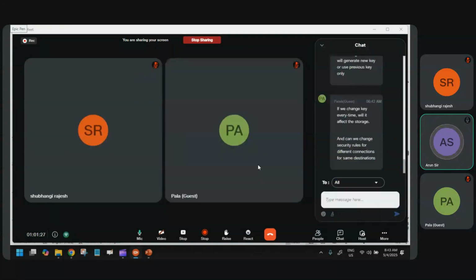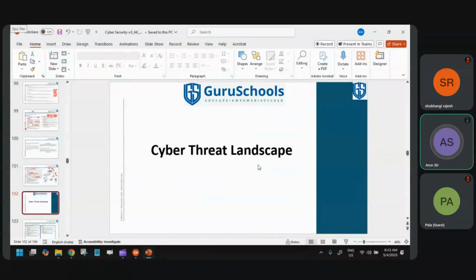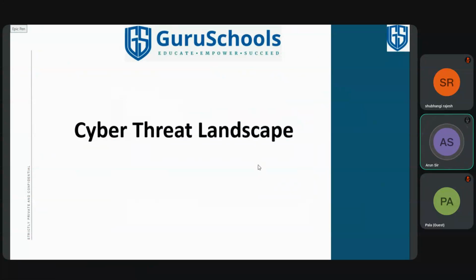Okay, so let us go to certain cyber threat landscapes. I just want to cover this right away because many times I am giving references to many other things, and every time I have to use these words which are related to cyber threat landscapes.